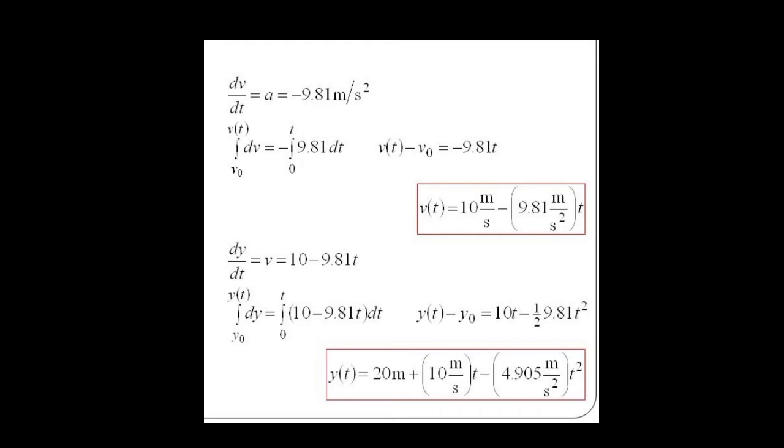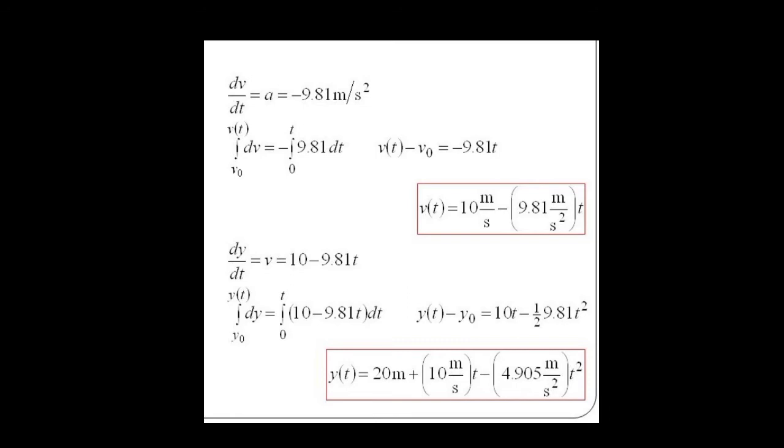For the second integration, kailangan nating makuha yung y of t. So we have dy over dt is equal to v is equal to 10 minus 9.81 times time. Parang yung kanina rin na process, we have to integrate both sides. So we have the integral of dy limit from 0 to yt is equal to the integral of 10 minus 9.81t, limit from 0 to t.